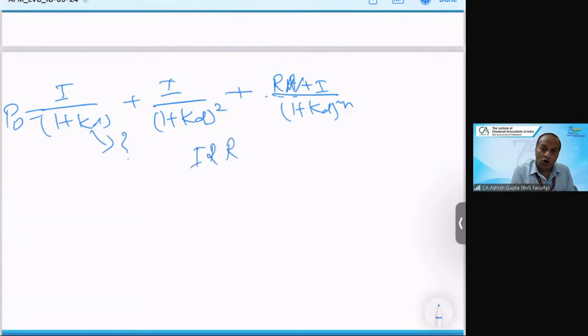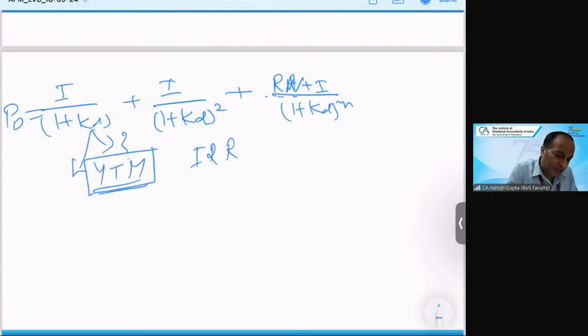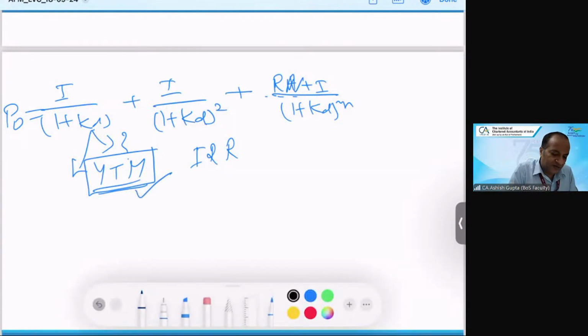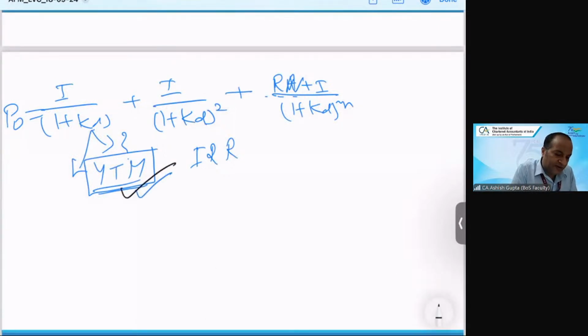Now, when we talk about cost of debt, this is basically also called yield to maturity. Now, when we talk about the topic of security valuation, we shall be provided with this figure, we shall be provided with YTM, and what we need to calculate is this P0.